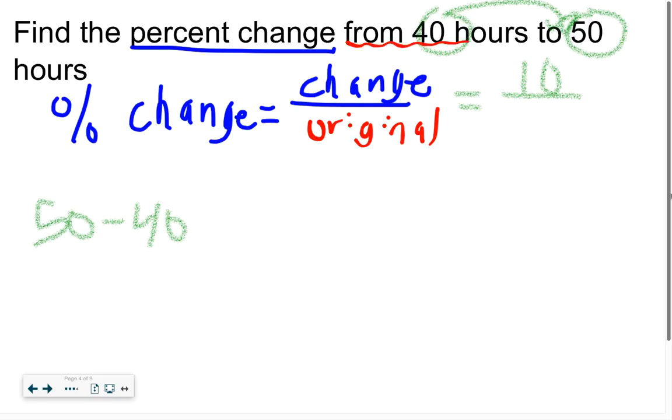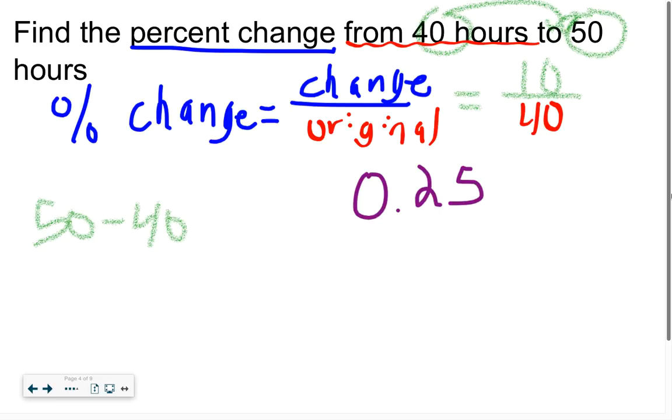It's usually the first number listed here. In this case, when they write it out this way, you're changing from 40, so that's the original. You take and divide that on out. So you grab a calculator, divide it on out, which is great, and then you get the answer 0.25, which is awesome, but we want to know what percent that is.